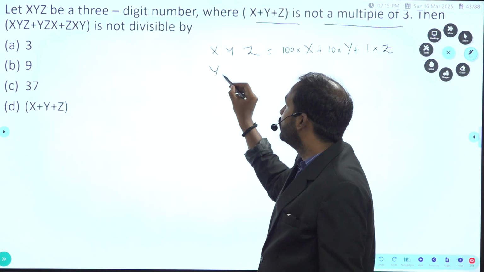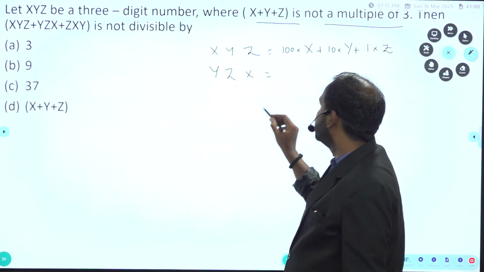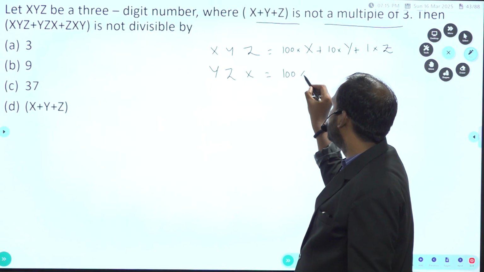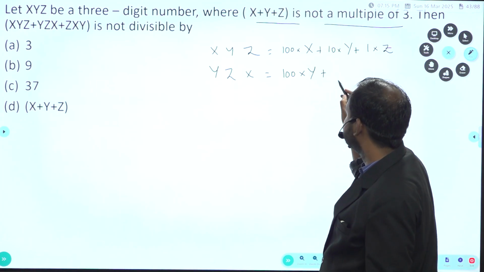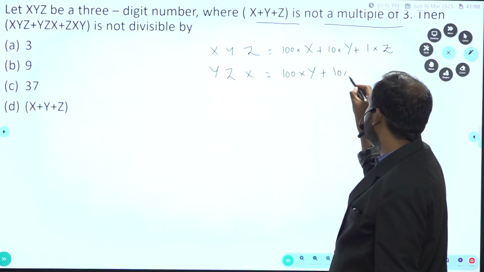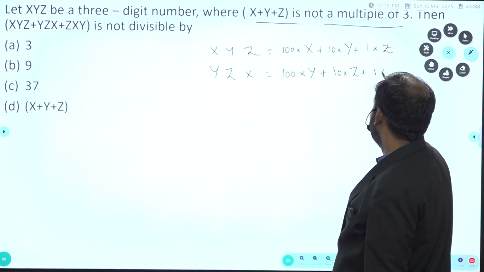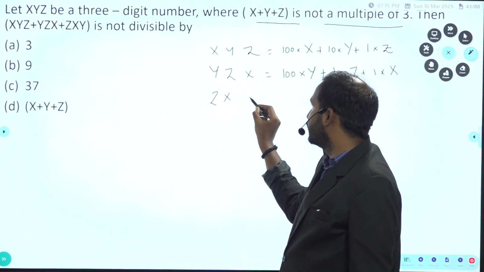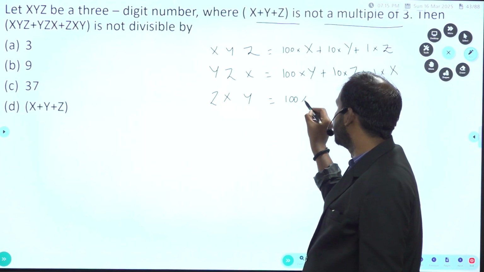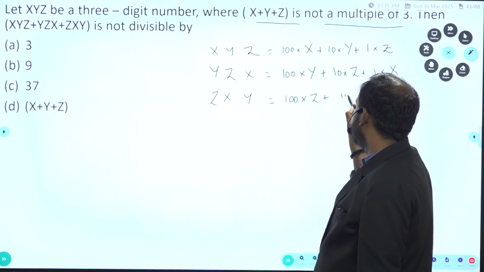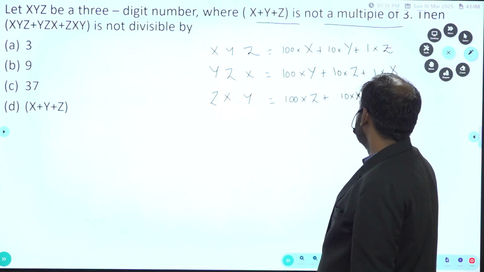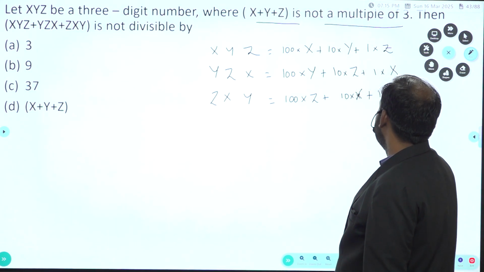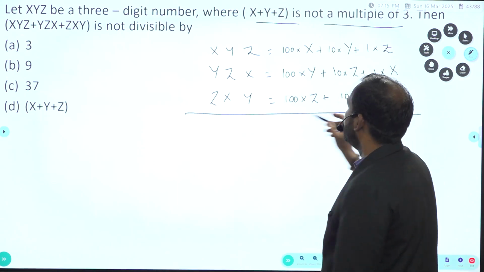Next I have yzx, which means 100 into y plus 10 into z plus 1 into x. Next I have zxy, so that means 100 into z plus 10 into x plus 1 into y. Now I need to add all these three numbers.